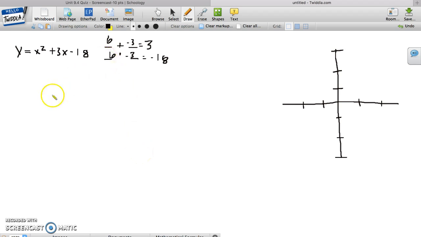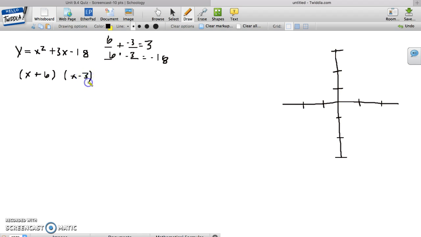So now we have our two numbers and we can put them in their forms like this. So we have x plus 6 and then we have x minus 3.